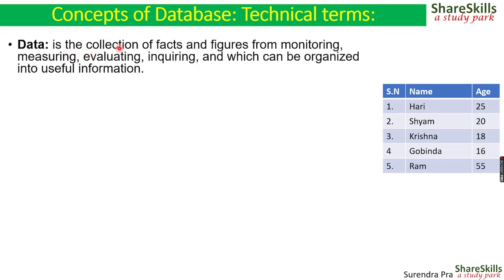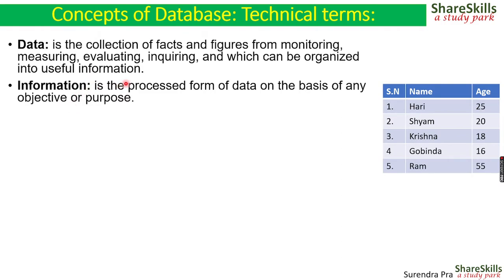Data are the raw facts or collections of figures and facts which we can collect by monitoring, measuring, evaluating, inquiring, and observing events or other activities of any objects or organization. That could be a data.